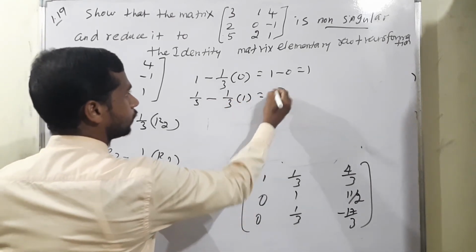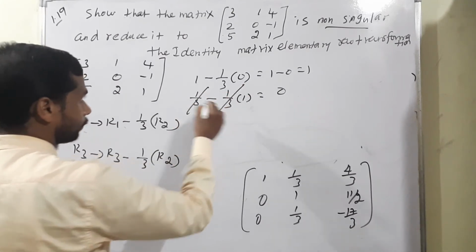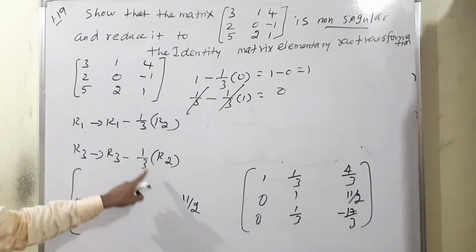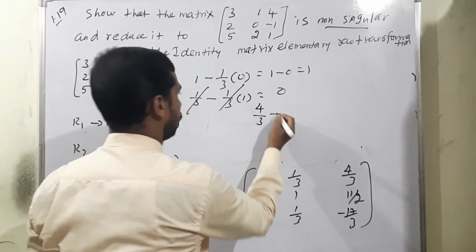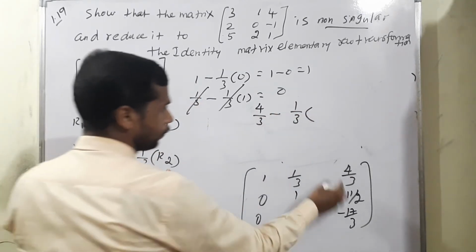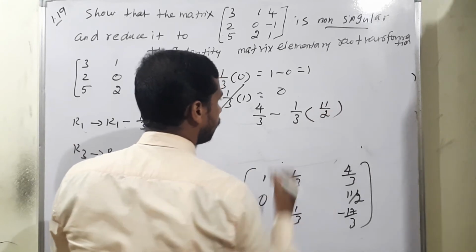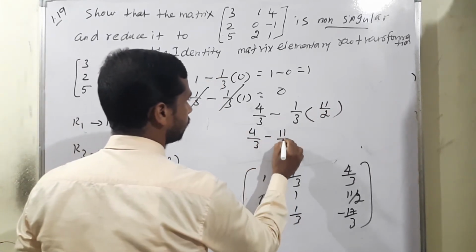Therefore 1 by 3 minus 1 by 3 means value will be 0. Next condition we can cancel now. Next one, R1 value 4 by 3 minus 1 by 3 into R2 value 11 by 2. Therefore 4 by 3 minus 11 by 6.